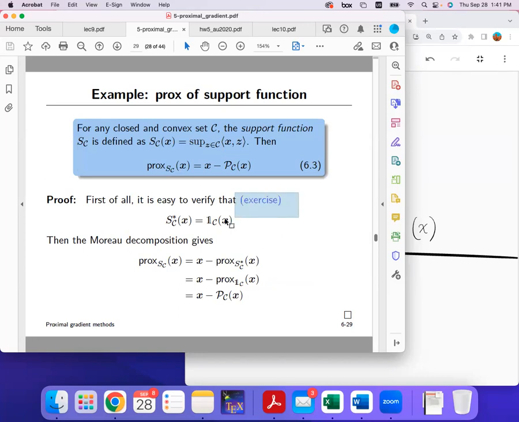And it is not hard to verify this small claim: the conjugate of this support function is the indicator function.